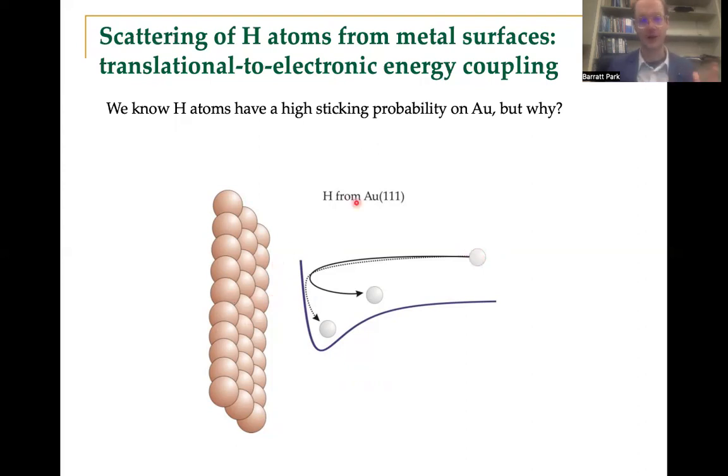And this is very important for chemistry because we know that hydrogen atoms stick at metal surfaces with a very high probability. But why is that the case?